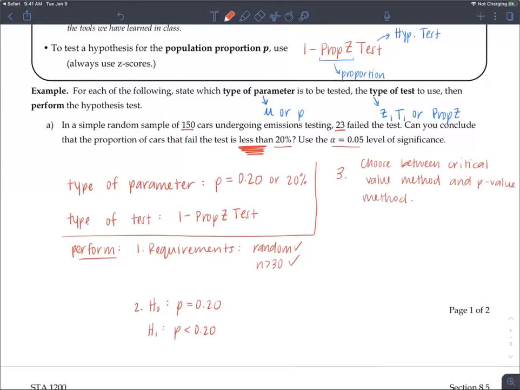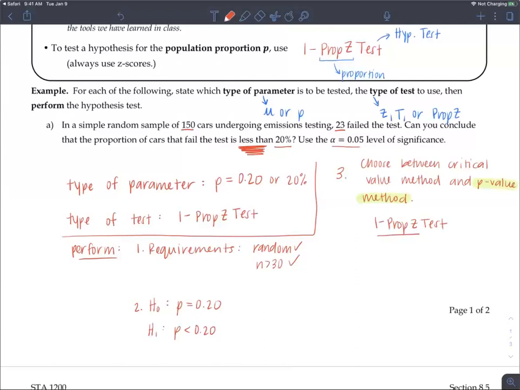For this one, we'll use the p-value method. And then I'll do an example with the critical value method down below when we do the next one where we can use the critical value method. And we already said that we're going to use one prop z-test.